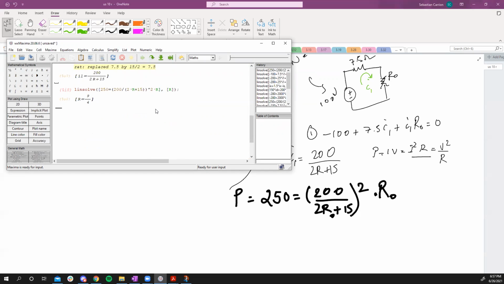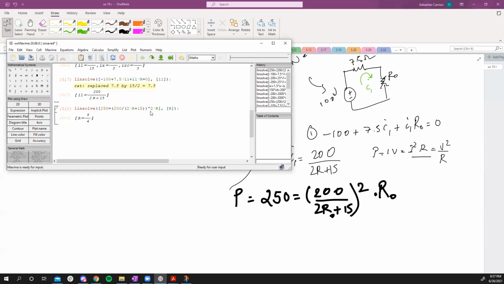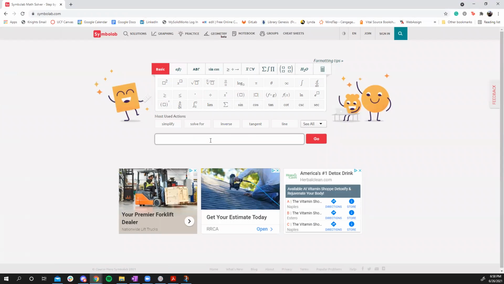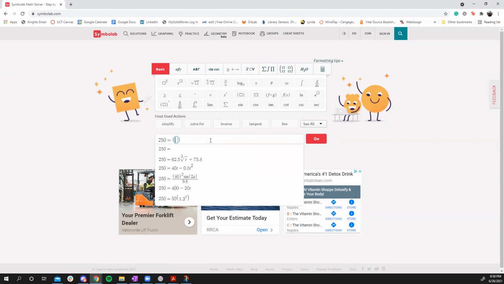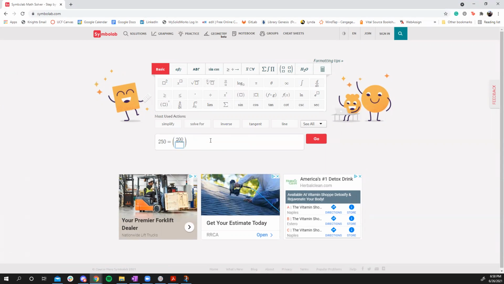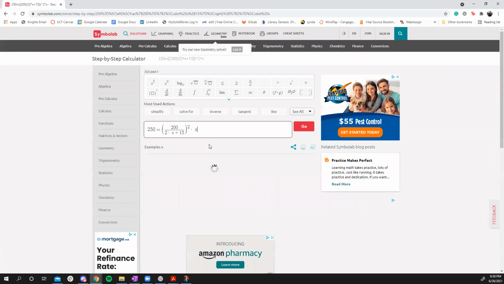I'm actually going to go ahead and use an online calculator just to make sure. So we have 250 equals 200 over 2Rx plus 15, squared, times X, and it's going to solve for X.